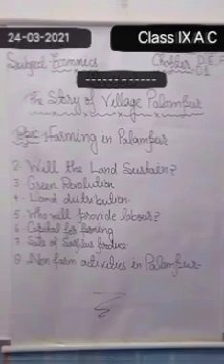After that, farming methods. So, 2 types of farming methods are used by the people of village Palampur. Number 1 is traditional farming method and number 2 is modern farming methods. So, students, in traditional farming methods, farmers follow practices which Indian farmers have been using for many generations. Okay?